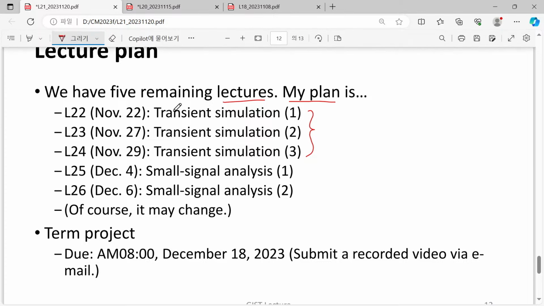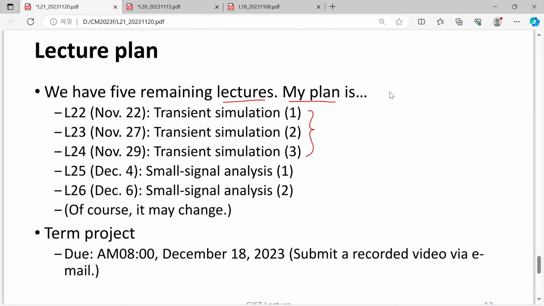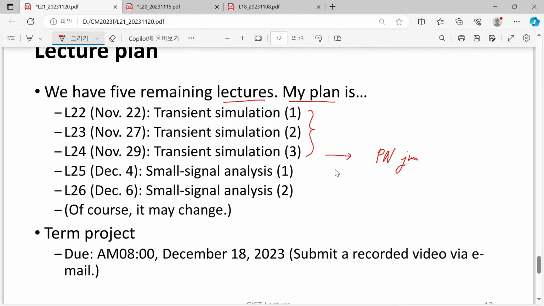In the transient simulation, starting from a very basic, quite simple system, eventually I want to go to the transient simulation of our PN junction, hopefully. Once we achieve this goal, then we will go to the small signal analysis.